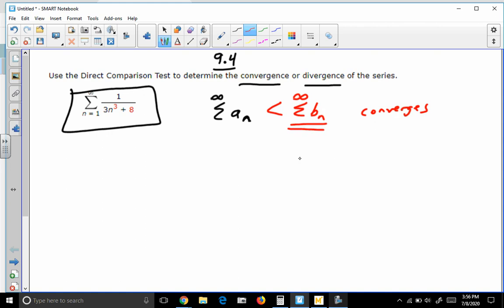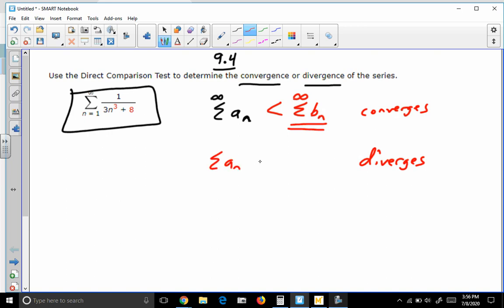And if we can show that this one converges and that this one is always larger than that one, well, if this is bigger, then it's going to add up to something that's larger. So by default, if this one is smaller and this one doesn't go to infinity, this one's not going to go to infinity either.